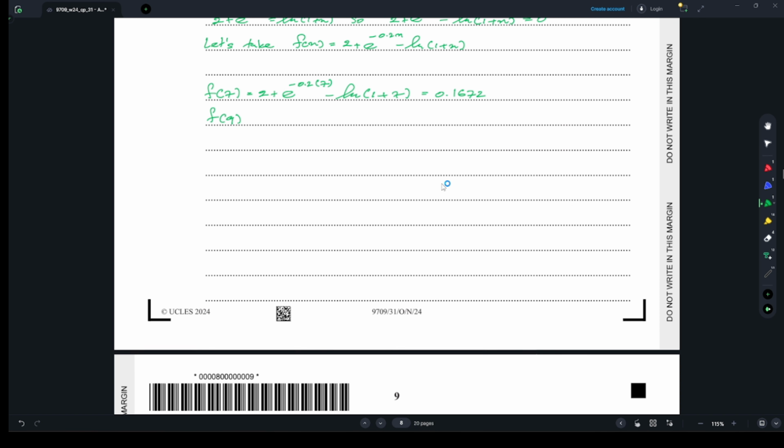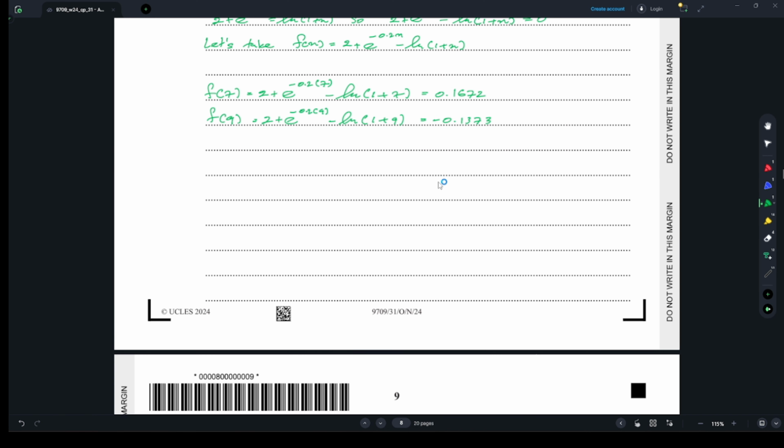And in the same way, you can find it with 9. So 2 plus e to the power minus 0.2 times 9 minus ln 1 plus 9 equals, you will receive minus 0.1373. So now as you can see, there is a sign change, right? So when you substitute two values and you receive a sign change, that means in between those two values, there must be a root.